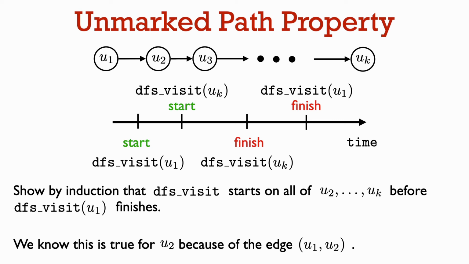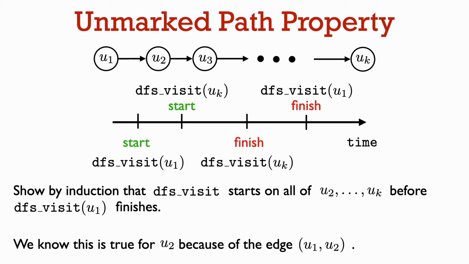We will consider this edge from U1 to U2 in the call to DFS visit of U1. And when we consider this edge, either one of two things will happen. Either at that point U2 is already marked, in which case DFS visit of U2 already started and already finished.